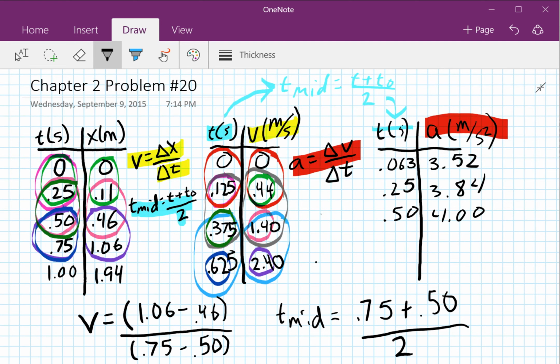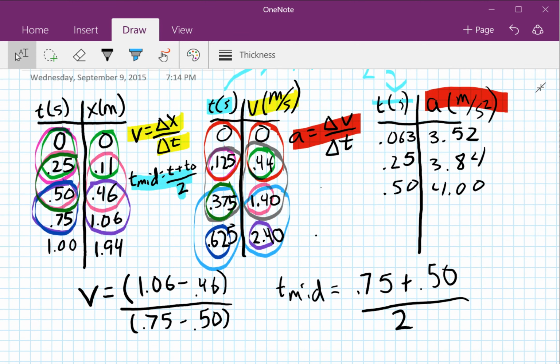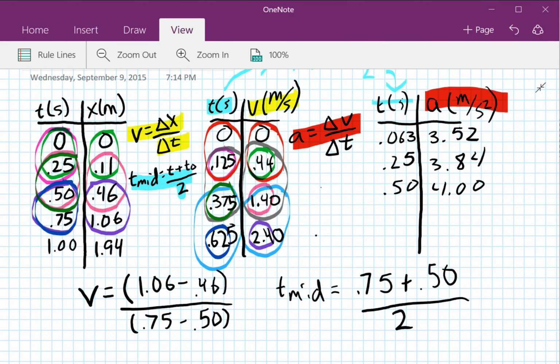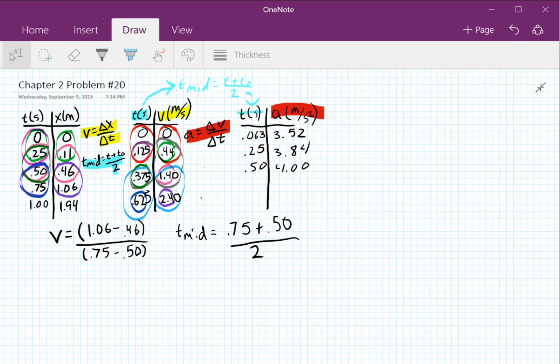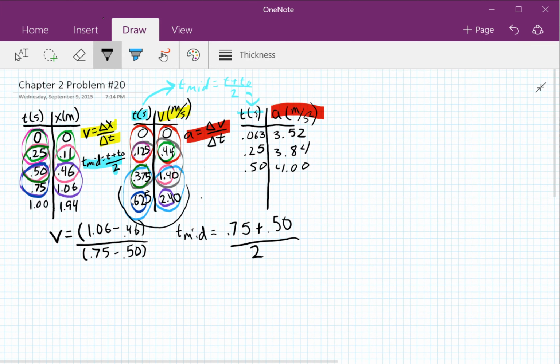Okay, once you're done with the entire data table, all the points they have, then you graph velocity versus time and acceleration versus time. So I'm going to zoom out. Using the velocity versus time, so everything that you get from this pool of data, we'll make a graph. It's going to look a little wiggly, but not that wiggly.